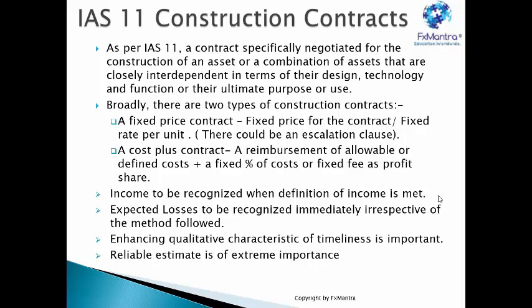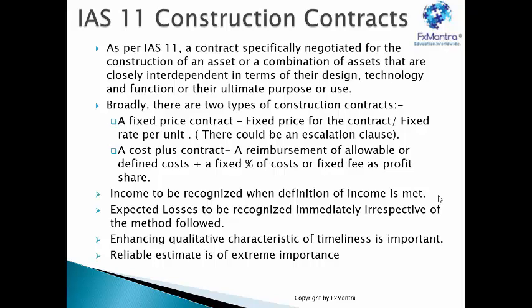Now, as I said, in construction contracts it is important for us to recognize income. That is the main issue here. The reason being, we cannot delay recognizing profits, or stop doing the accounting till the entire construction contract is over. Timeliness is very important, which is your main enhancing qualitative characteristic.